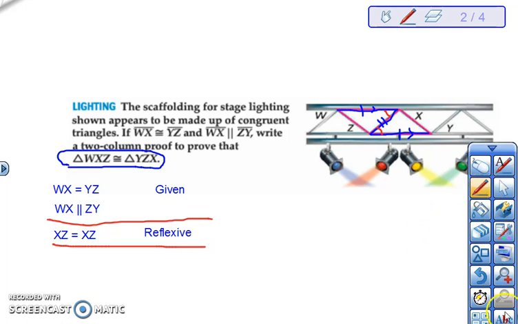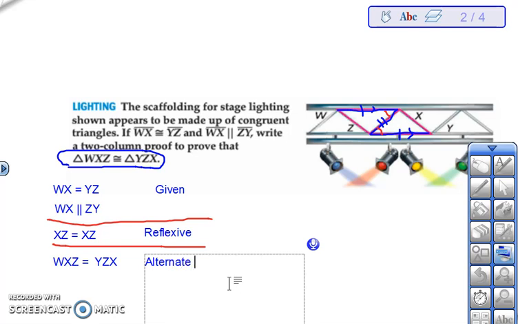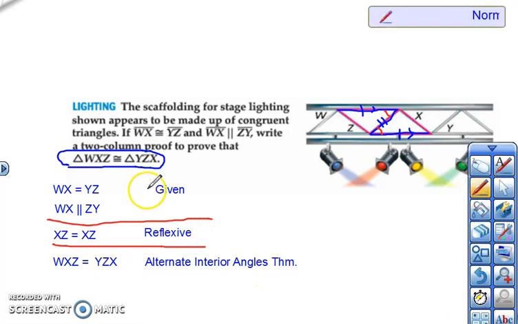We know that angle WXZ is congruent to angle YZX. And we said those are alternate interior angles. The fact that they're congruent is based off of our alternate interior angles theorem.